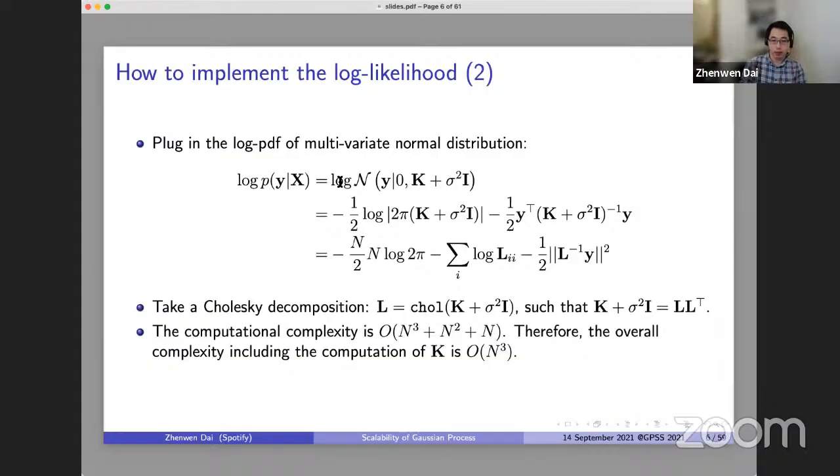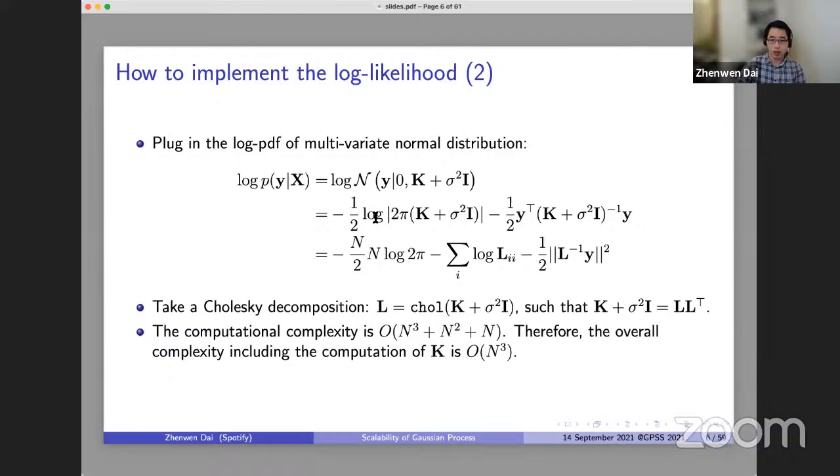Having seen how to calculate the covariance matrix K, the next thing, in order to do maximum likelihood estimate, is to calculate the log likelihood of the Gaussian process, which we have previously seen is the log of the multivariate normal of y with zero mean and covariance matrix K plus sigma square I. If we look at how the multivariate normal density is written, you can see it consists of two parts.